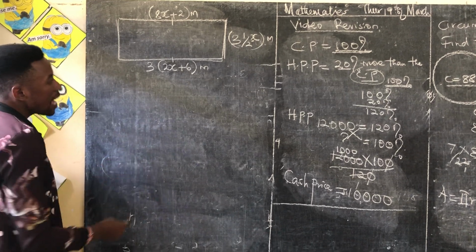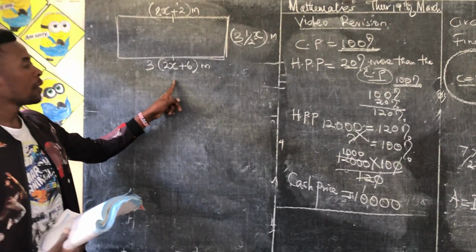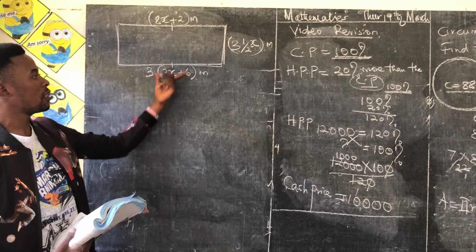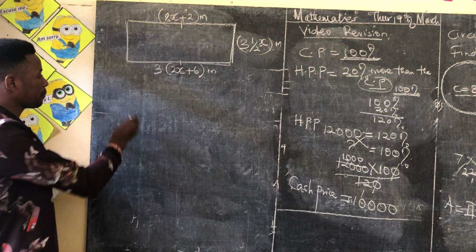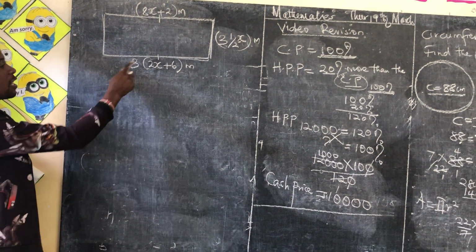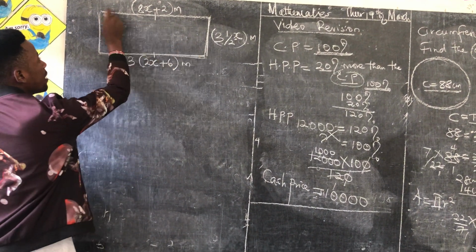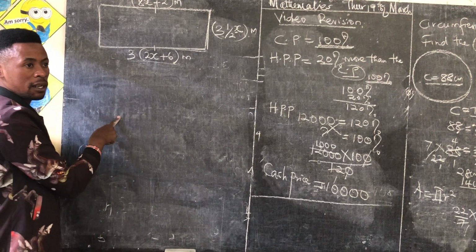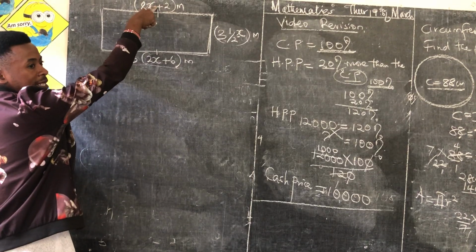So the way out here is knowing that if these two sides are equal, then the expressions of the measurements of the two sides should be equal. We form an equation and equate the two sides, that the measurement of this side is the same as the measurement of this side. And the measurement of this side is given in algebraic expression, which is the same as the other side.